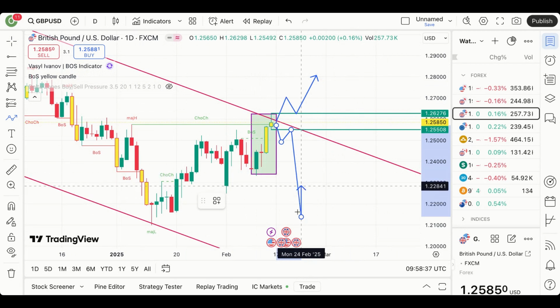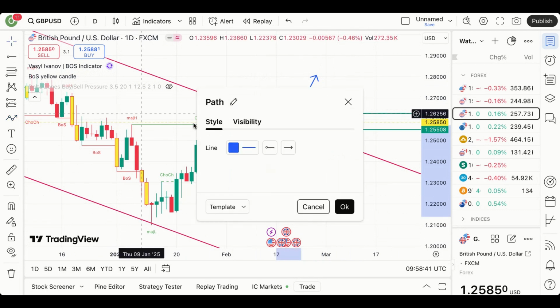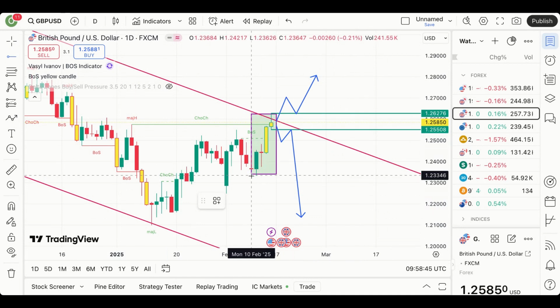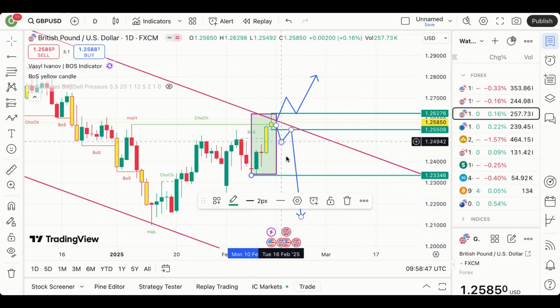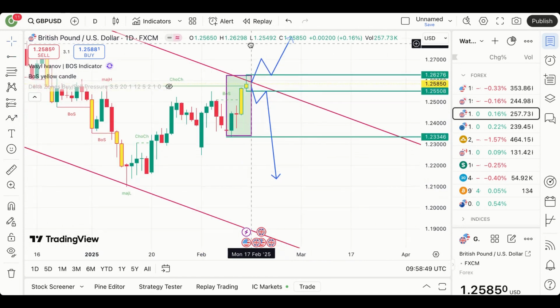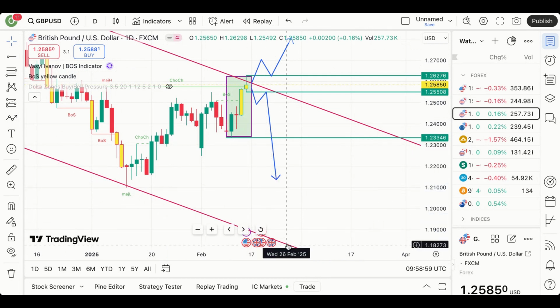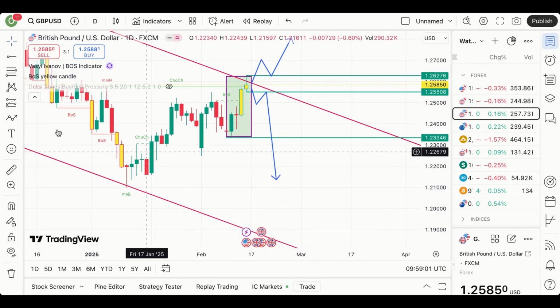So we look for any candle breaking to downside here, that means the trend is going toward the downside. And we will be looking for how many pips there.